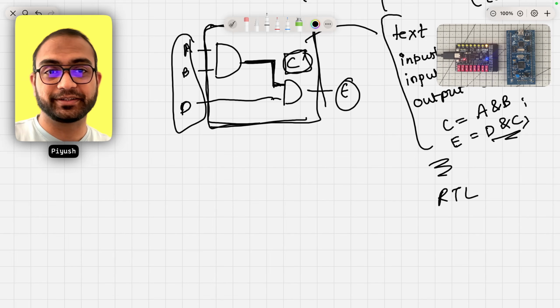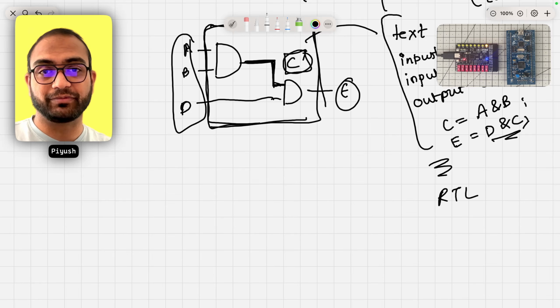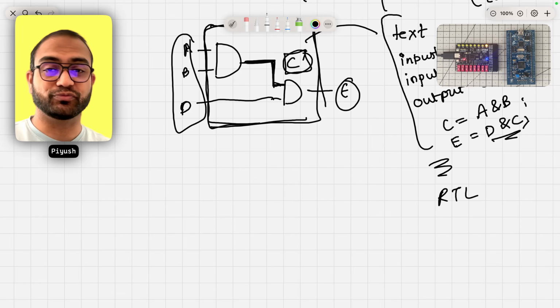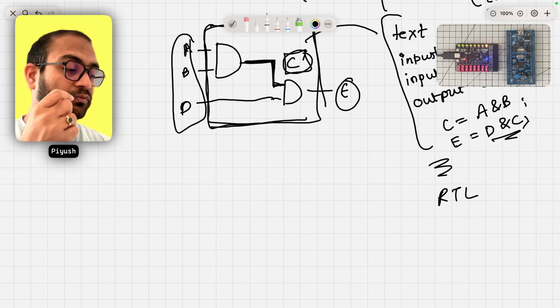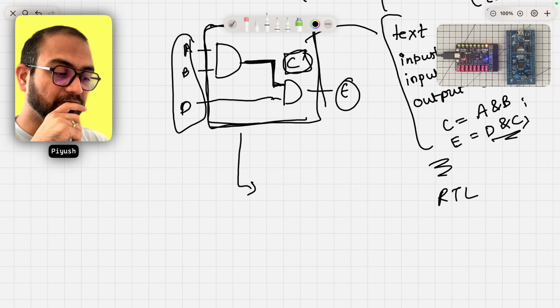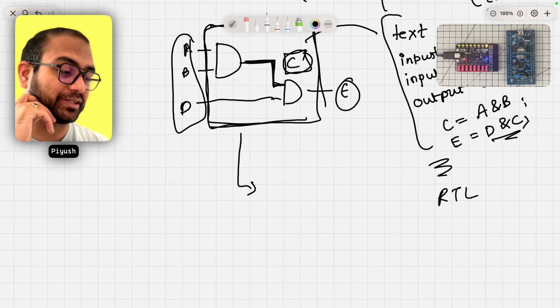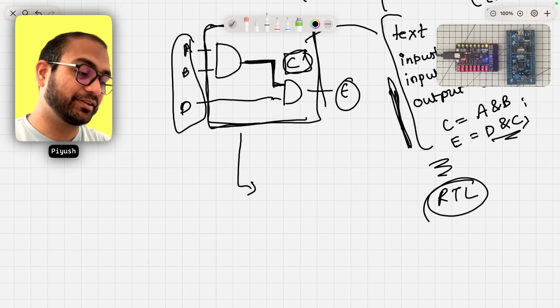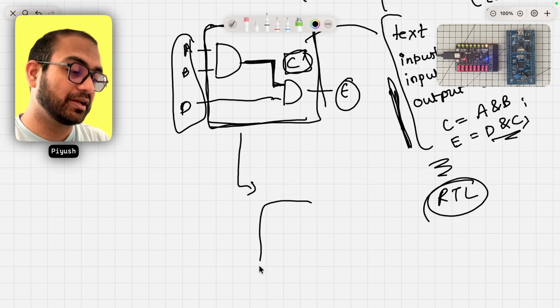You can't send RTL to the fabs and wait like 6 months to get the chip back and be like, oops, this doesn't boot. This doesn't work as I thought it would. So one of the steps in between is you can take this description, this RTL, and say, hey, let me put this on an FPGA.